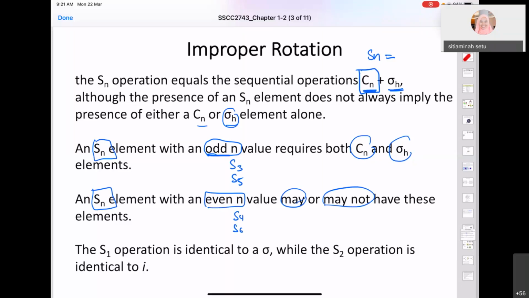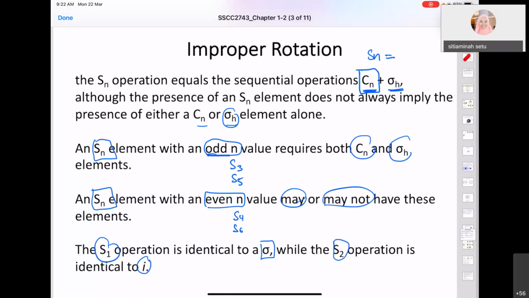Molekul tu dia boleh ada rotation, dia boleh ada reflection, dan dia boleh tak ada pun sebenarnya rotation dan reflection. And then S1 is identical to sigma, while the S2 operation is identical to inversion.